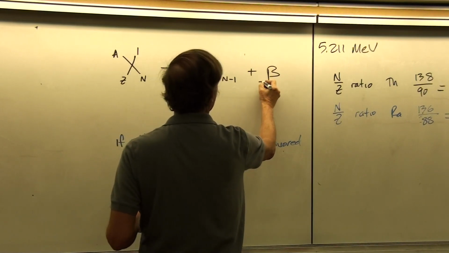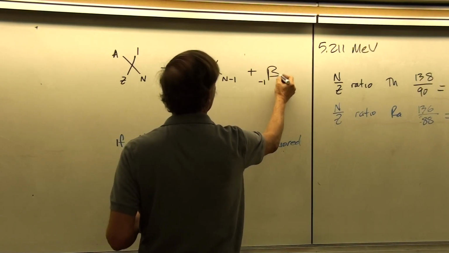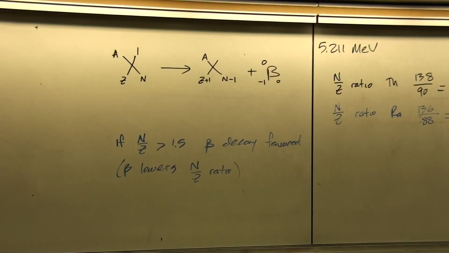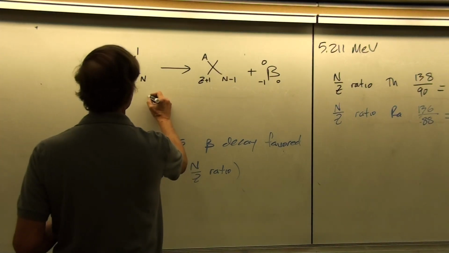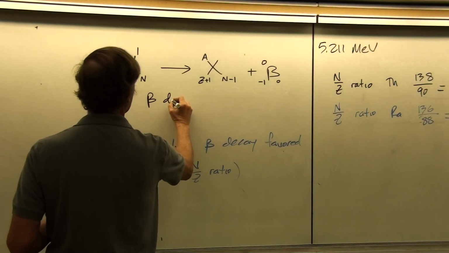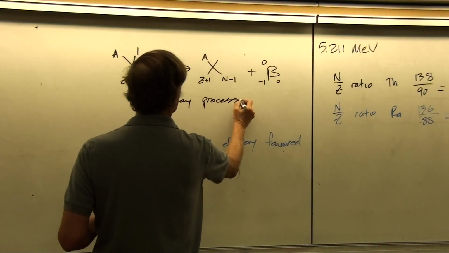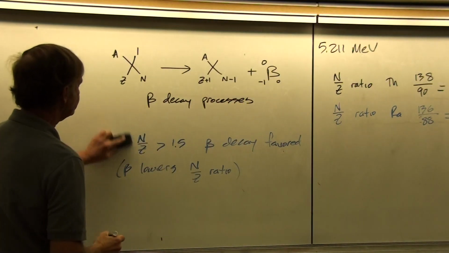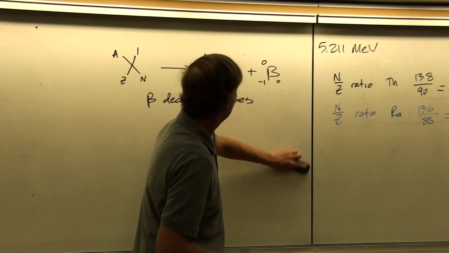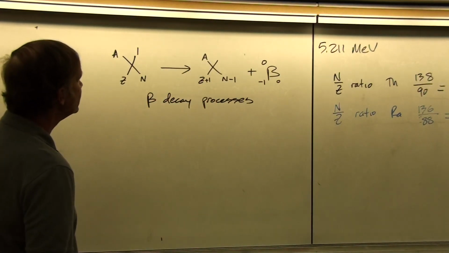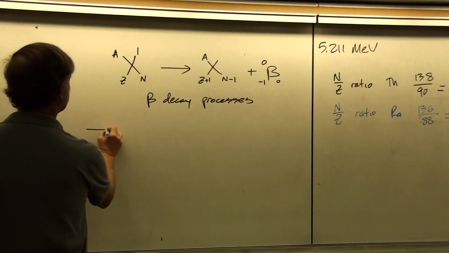Now, a beta particle has a Z number of -1 and 0 mass, atomic mass number, and 0 neutron number. Okay? And so this is a nuclear electron then that is associated with the beta decay process. And so this makes bigger elements then. So if you want to make larger elements, you do beta decay.